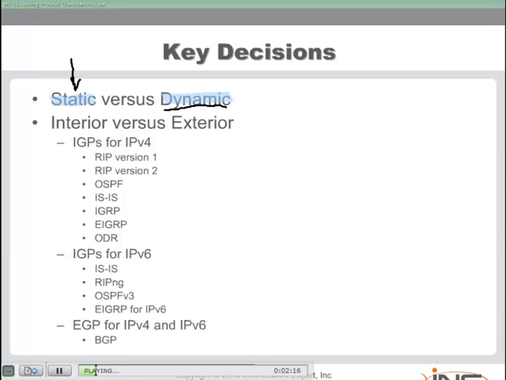You know something else? We might go in and we might configure a static route to override some information that might appear in the routing table. So we can do some kind of traffic engineering, if you will, with static routes, ensuring that they override dynamically learned routing information. Another place for static routes that we saw was floating static routes. Remember when we created a floating static route, we set the administrative distance of the static route artificially high.